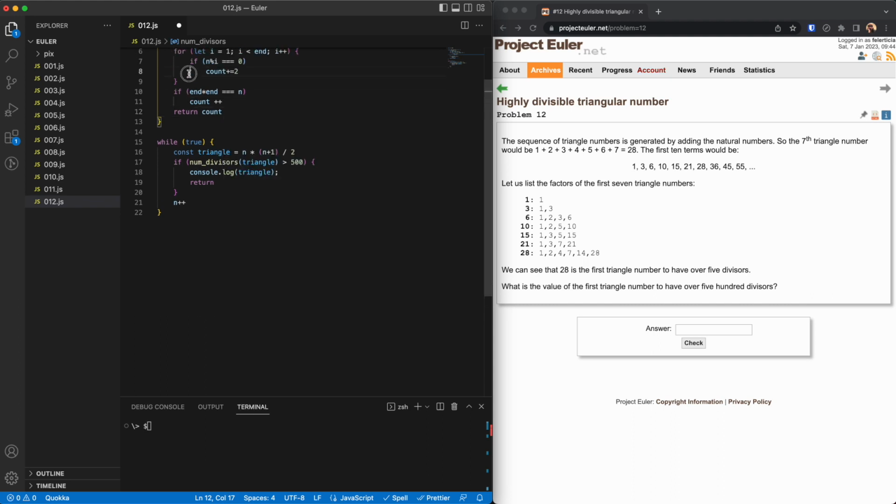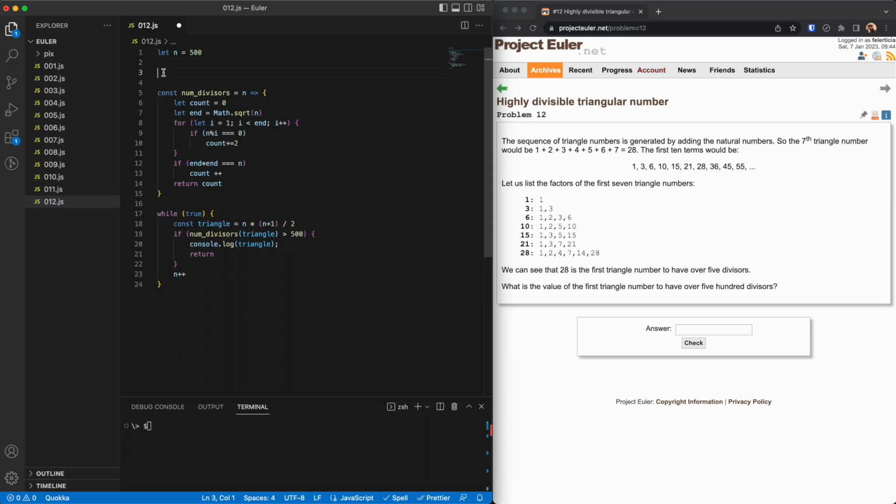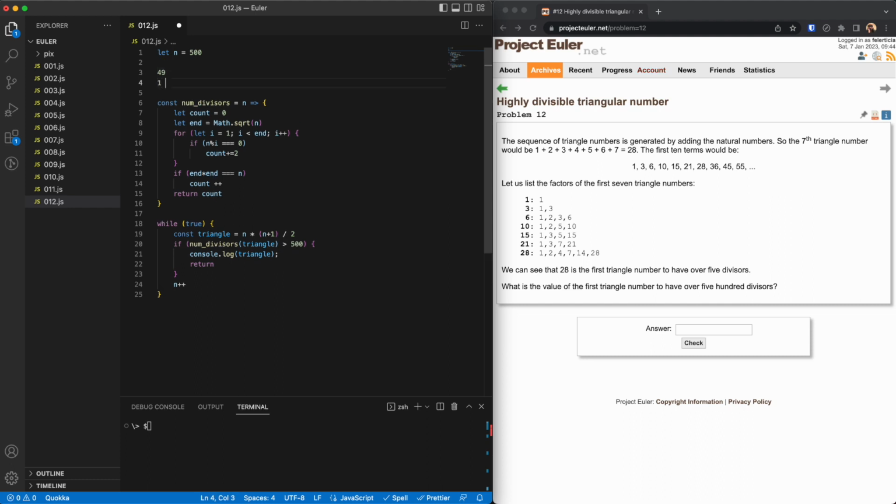The only thing I added here is this one, and this is for the perfect squares. So for example, if I have a number like, let's say, 49, then I would go 1, 2, 3, 4, 5, and 6, because the square root is 7 and we are going to 1 before that.